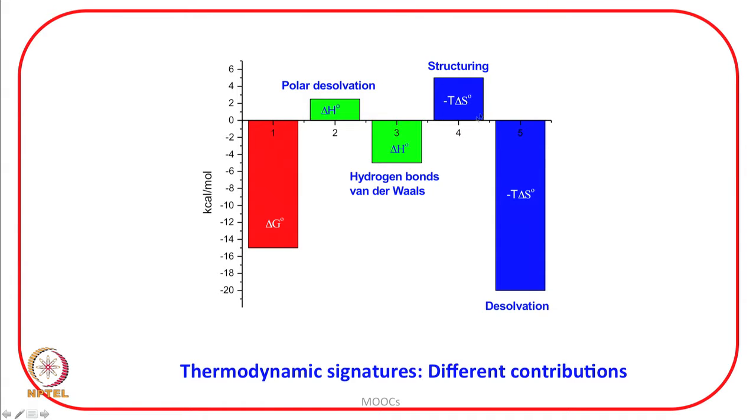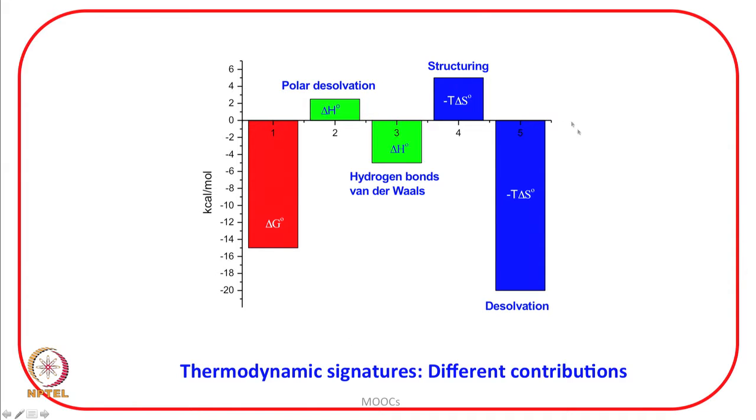Structuring in the molecule will also impose a penalty, and that is an entropic penalty, because delta S naught is negative. And desolvation, although it is expensive in terms of enthalpy, releases water molecules, and therefore, it is contributing in making the delta G naught more negative.